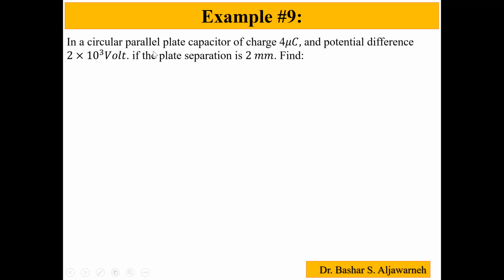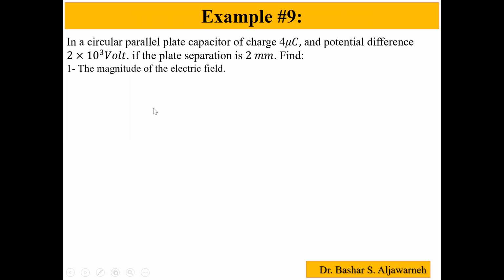In a circular plate, parallel plate capacitor of charge 4 microcoulomb and potential difference, if the plate separation is 2 millimeter, first find the electric field. Okay, at the beginning, you need to know that you are dealing with two parallel plate capacitors, and these two parallel plates of circular plate shape.